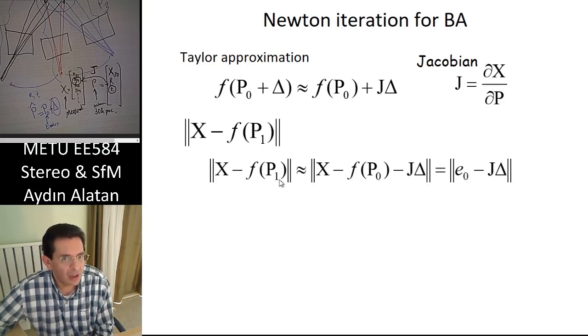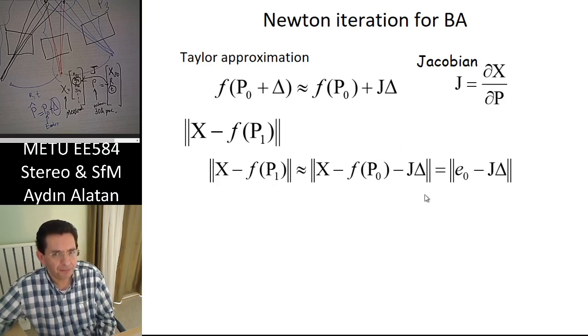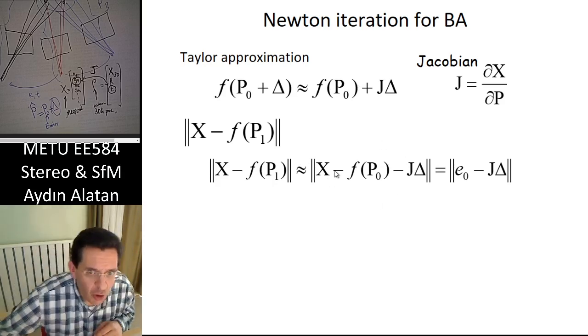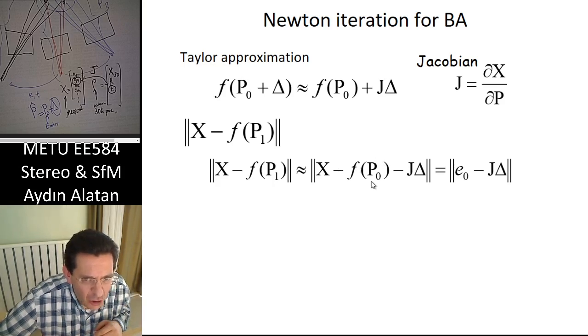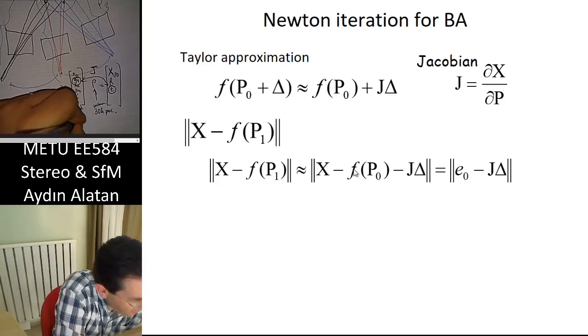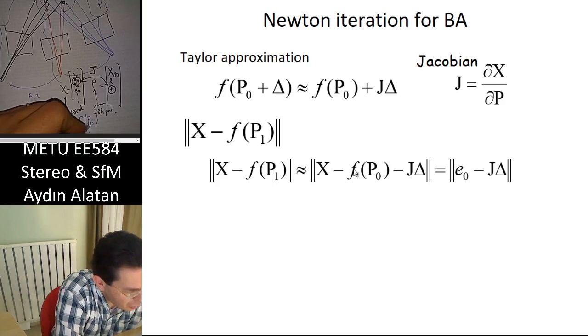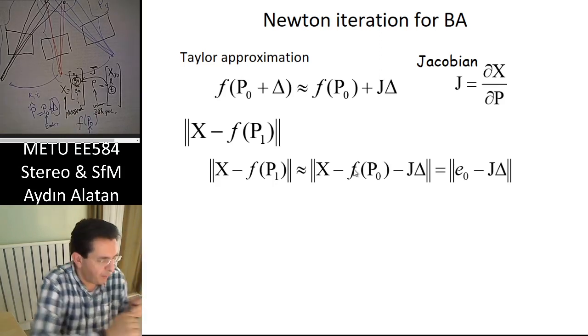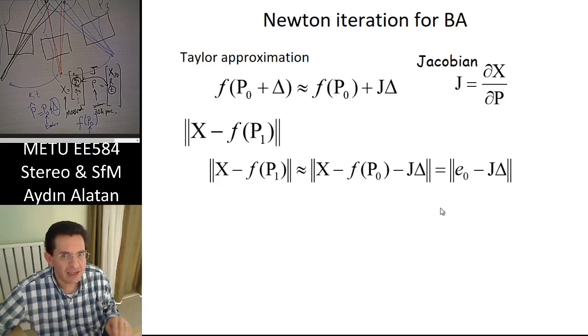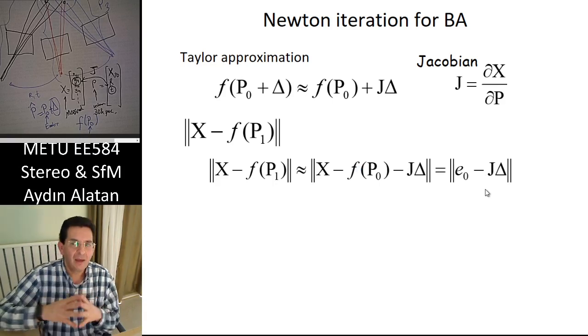Therefore, what you do is you write it in terms of this relation. You subtract x minus F of P1, but P1 is written using these two terms. That difference is your current error based on your initial estimate. F of P0 is your initial pose and 3D projected, this difference is called E0, and J delta is your correction.